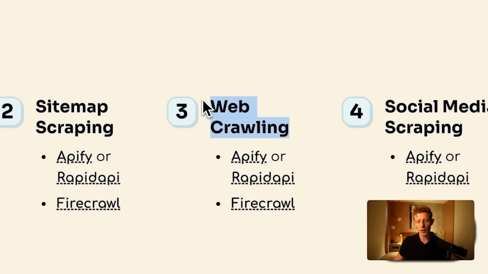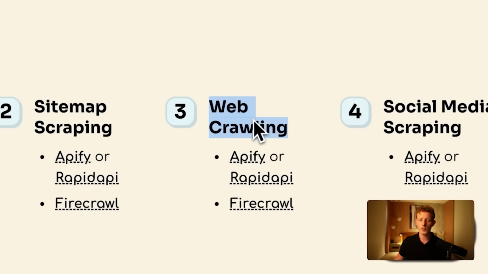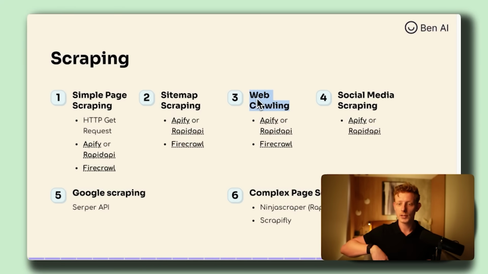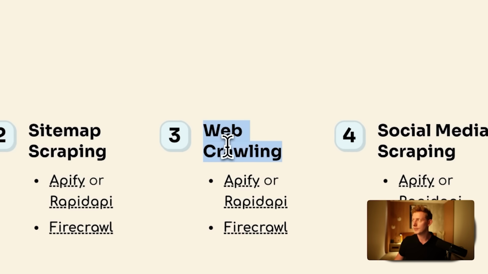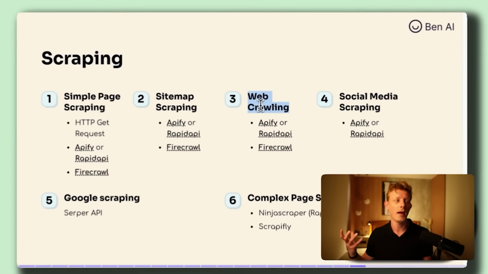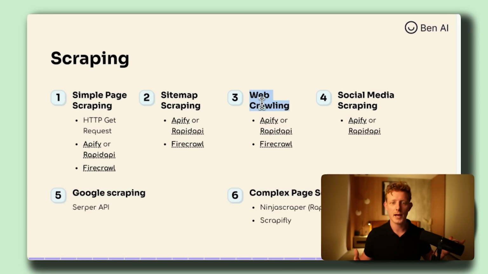Then we have web crawling, right? And web crawling, what it does is it basically scrapes all the URLs, all the content of all the pages from all the URLs of the web page, right? So a common example for this at the moment, for example, is let's say I want to build an AI assistant or an AI agent that is trained on all the data from the make.com documentation, right?